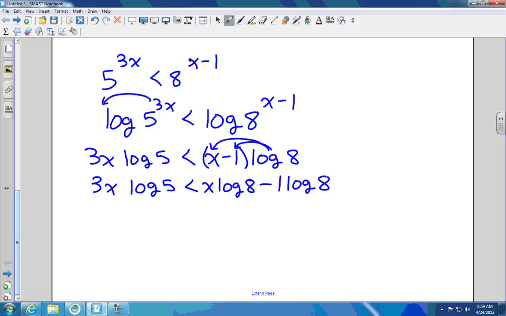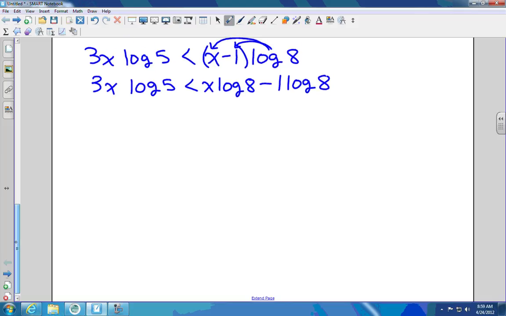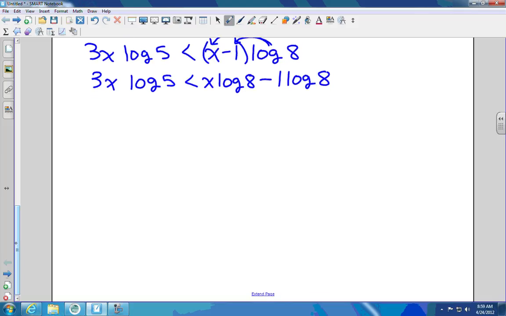Again, what's the goal of this problem? Get the x by itself. How many x's do we have here? 2. We have 3x and a 1x. You have to get them on the same side of the equation or inequality. So how would we move them to the same side? It doesn't really matter. Just like if you had 2x here, 3x there, and 1x over there, subtract 1 over, and that's what you're going to do.